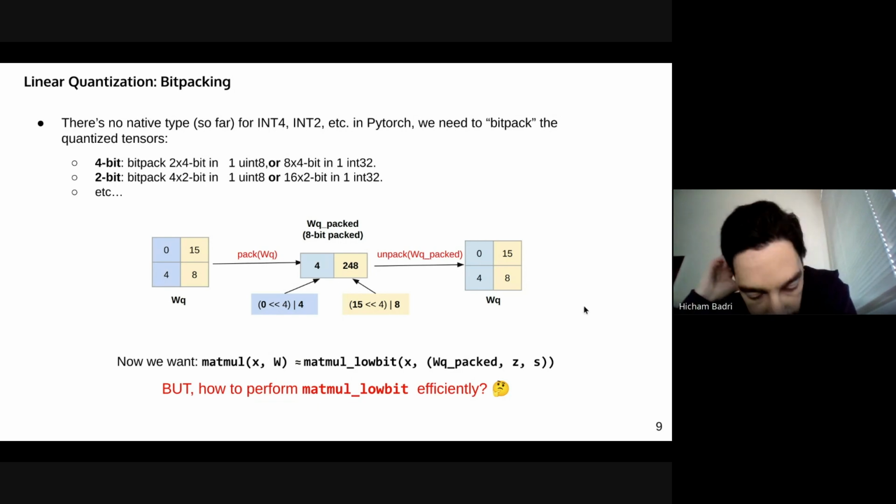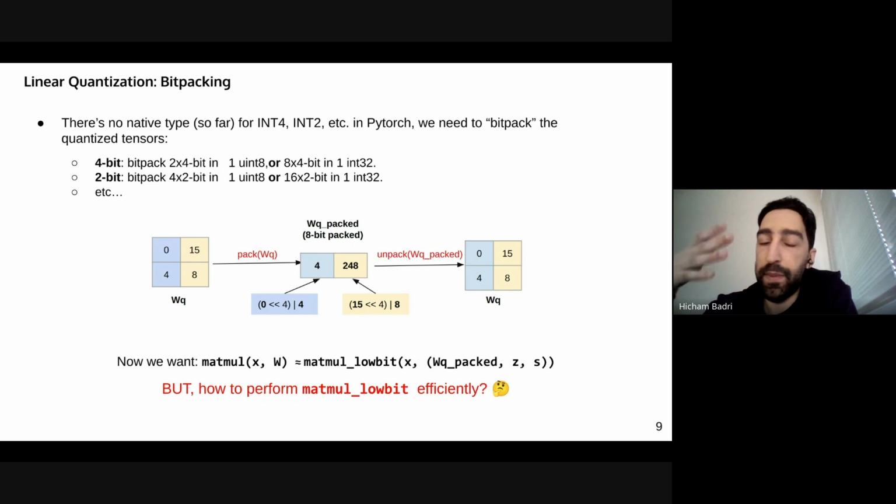So now the big question is how to actually do matrix multiplication with this new representation of data. Because in the FP16 or FP32 situation, you get your activations, X is your activations, W is your weights.